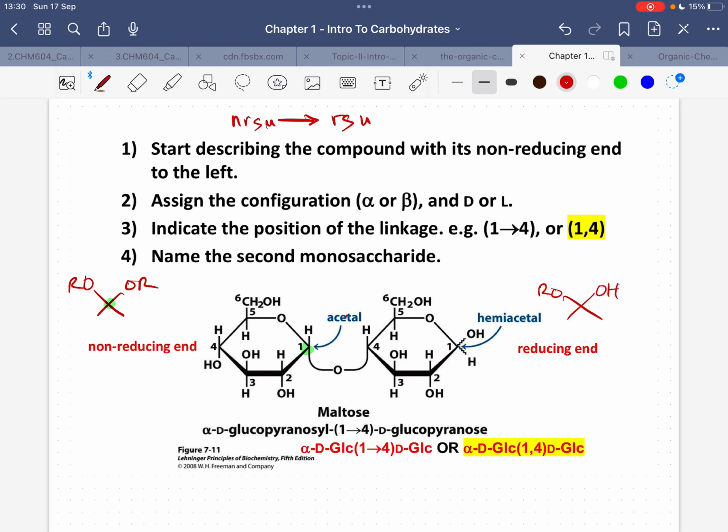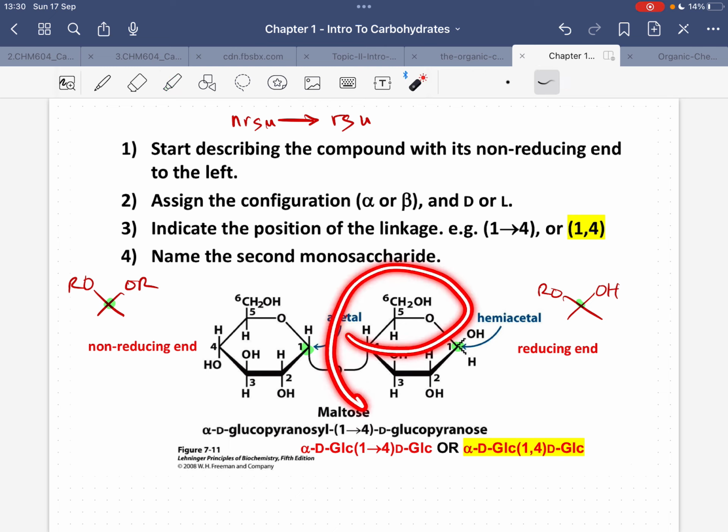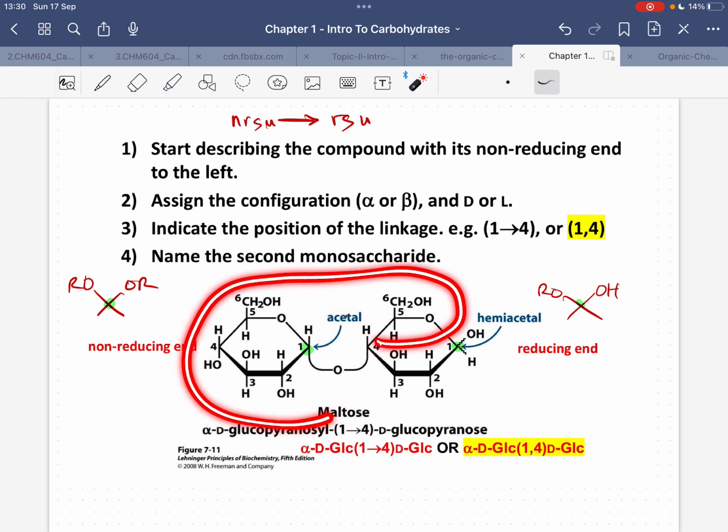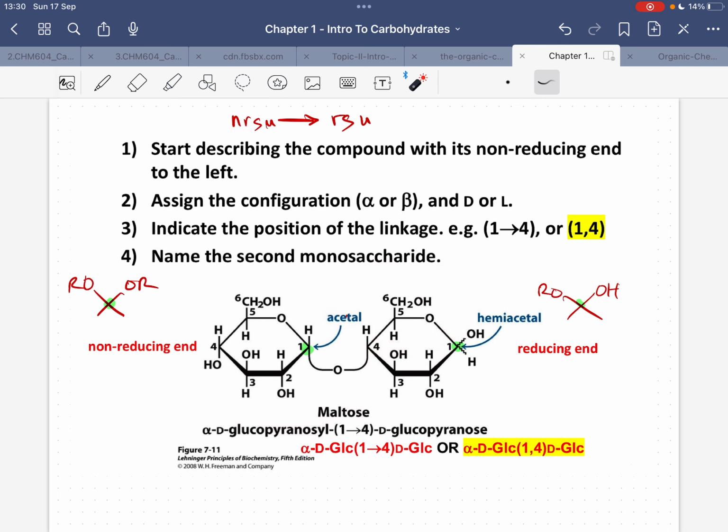Remember this structure or formula. So relative to this anomeric carbon here, you have an OH and a very big OR. Sorry, this is an OR. It doesn't matter what the R is, it only tells you the rest of the molecule.